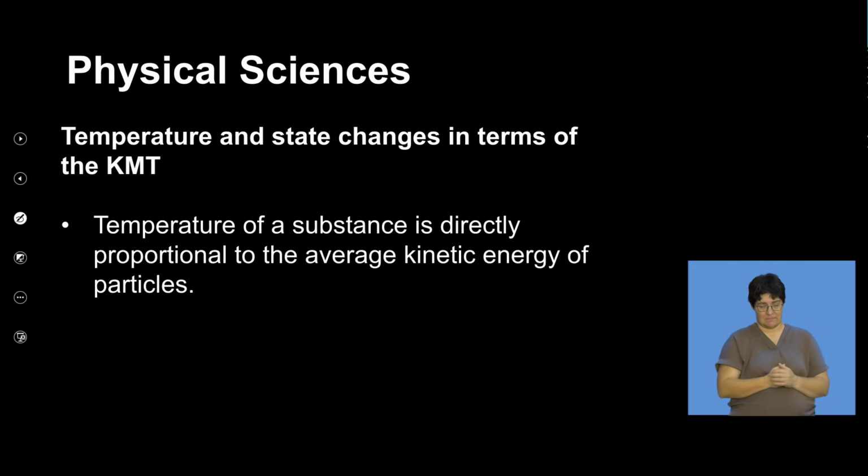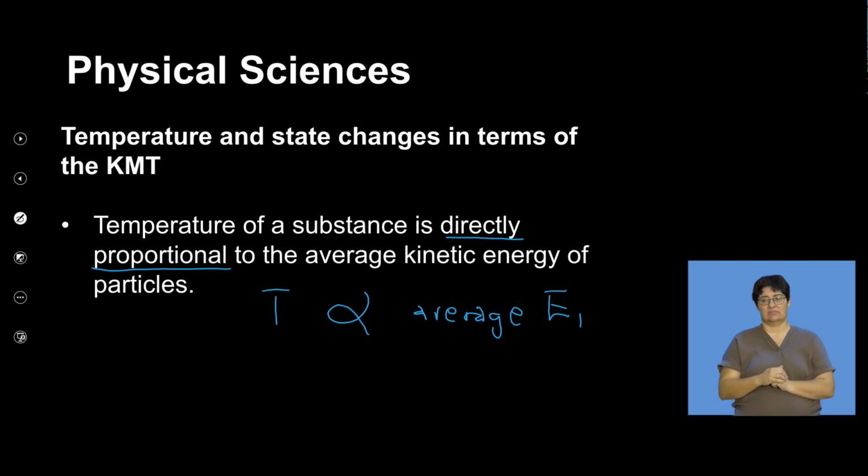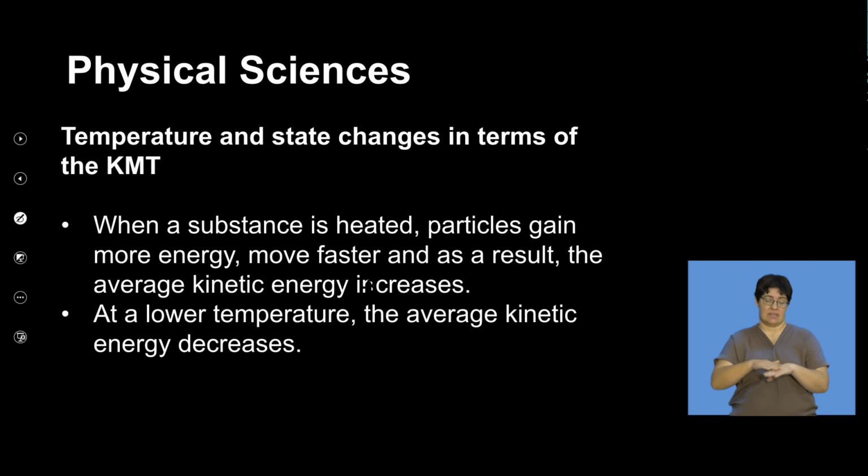Okay, so temperature of a substance is directly proportional to the average kinetic energy. Okay, so temperature is directly proportional to the average EK. EK will be our kinetic energy. So at a higher temperature, the average kinetic energy is also greater, and vice versa, right? So that's the main idea.